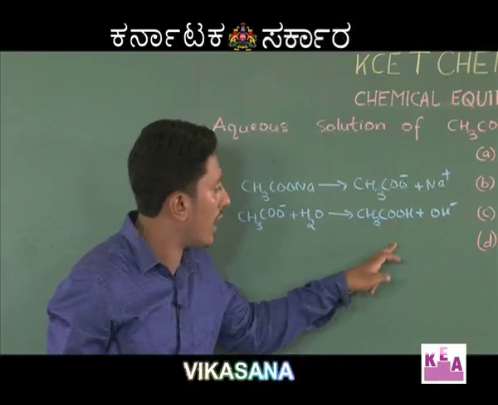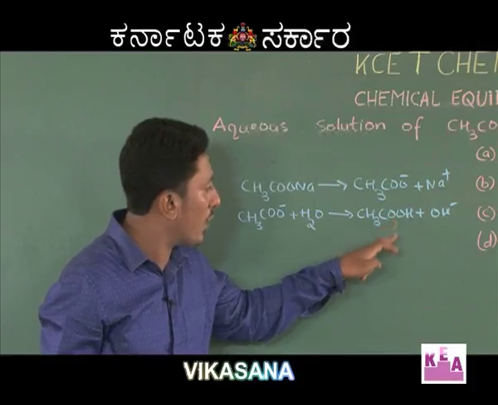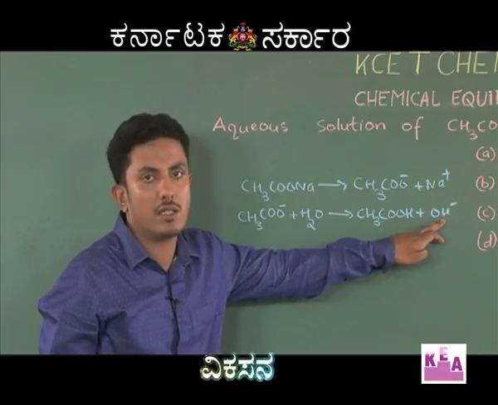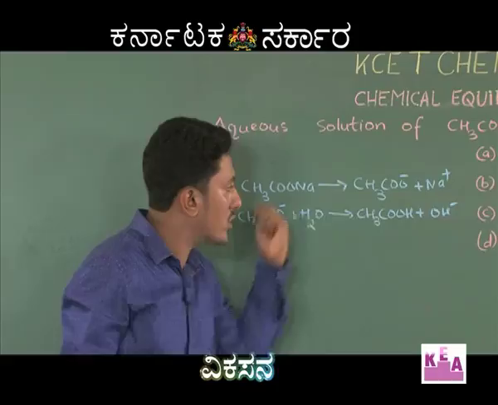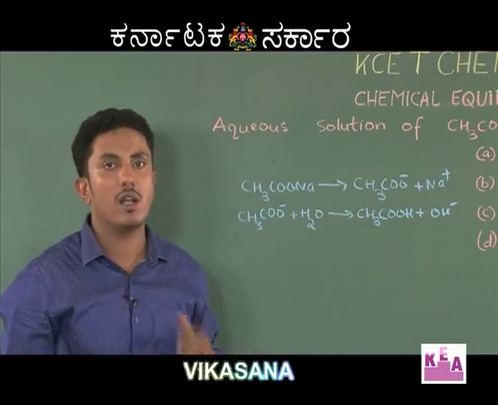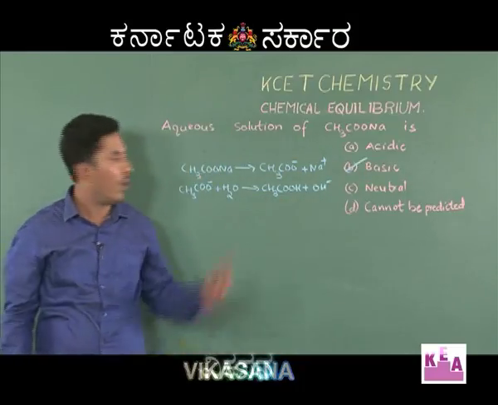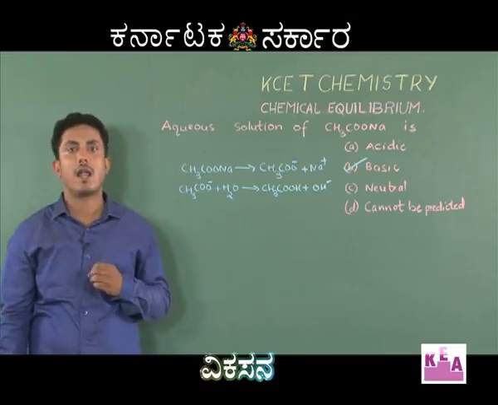Therefore, the H plus ion produced will be less than OH minus ions here. Hence, in the solution, the OH minus ion concentration increases. As a result, the solution becomes basic in nature. Therefore, option B, basic, is the right answer.